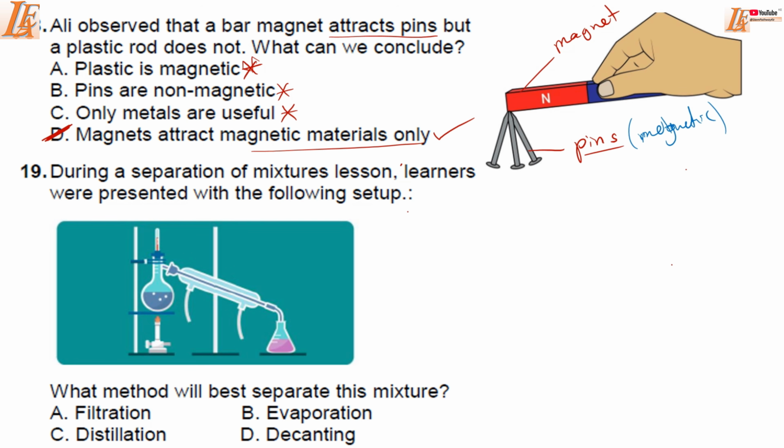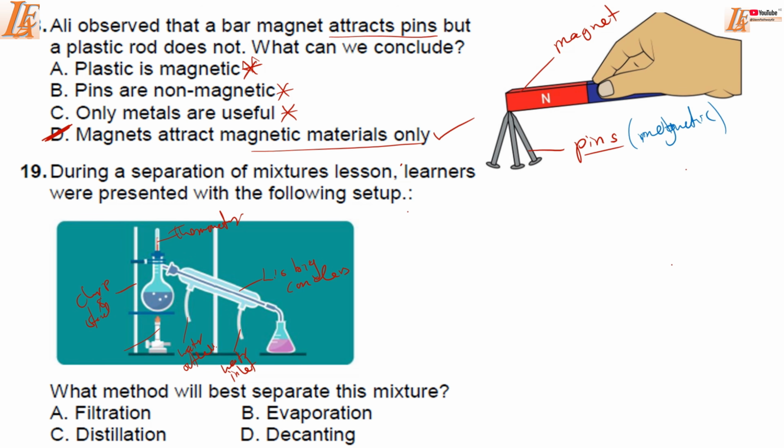Then question 19, during a separation of mixture lesson, learners were presented with the following setup. So you can see a setup here where we have a Liebig condenser. This is a Liebig condenser. Then this is water inlet. Then we have up here water outlet. Then we have a thermometer. This is our thermometer. We have a clamp and stand here.